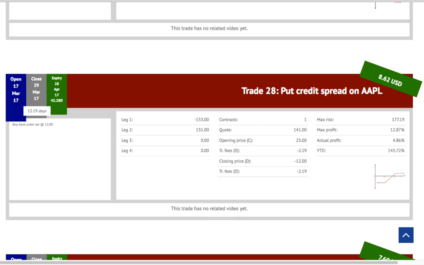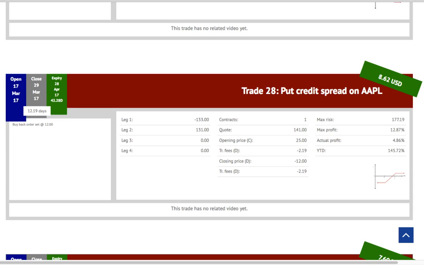We bought this option as a hedge. This option was also expiring on April 28, 2017. That's in 42.28 days at the time of the trade at March 17.